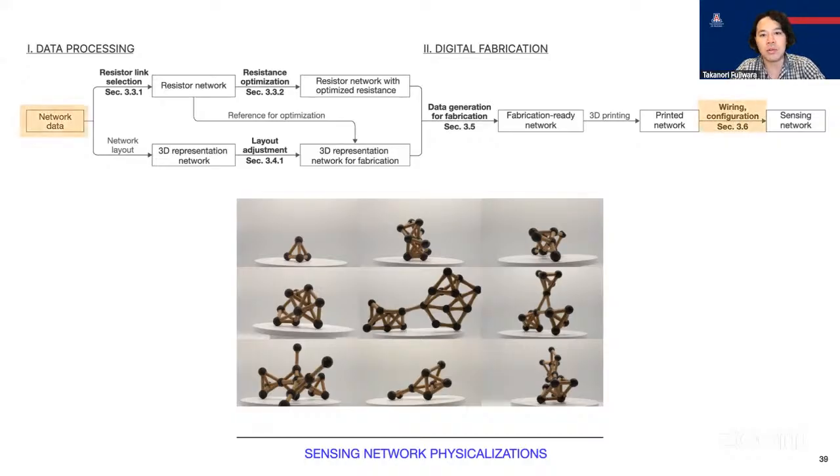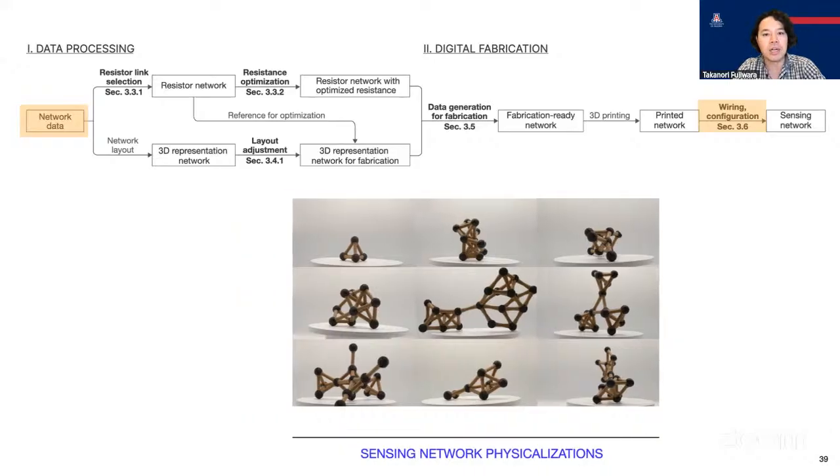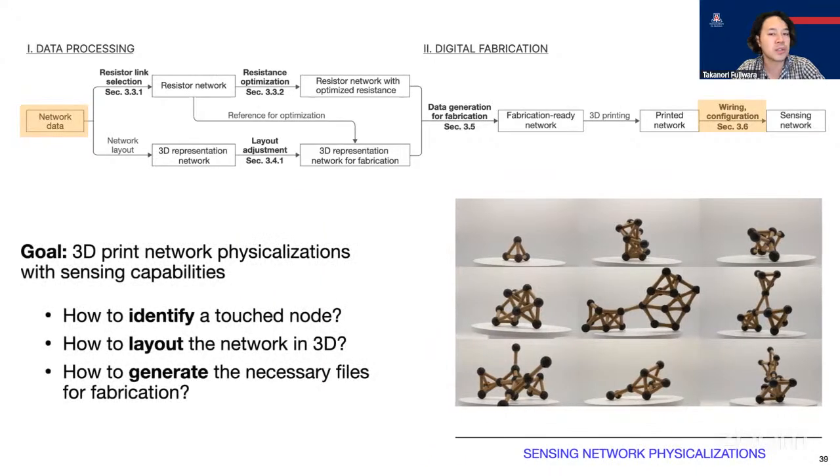So in fact, all the user needs to do is upload the network dataset and wire it to a microcontroller. And all the low-level engineering is automated. So now I will be discussing the technical steps on how we achieve these sensing networks, which should achieve these 3 sub-goals. So one is how to identify touch nodes, and how to lay out 3D networks, and how to generate files required for fabrication.